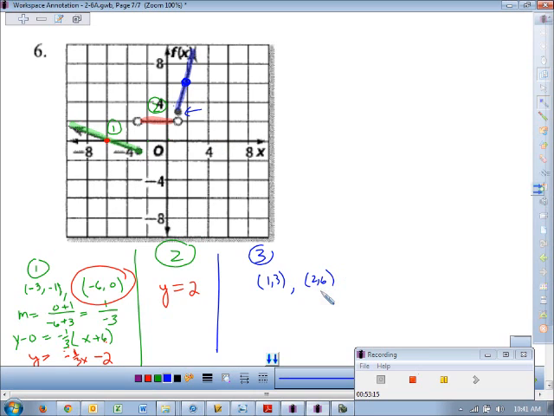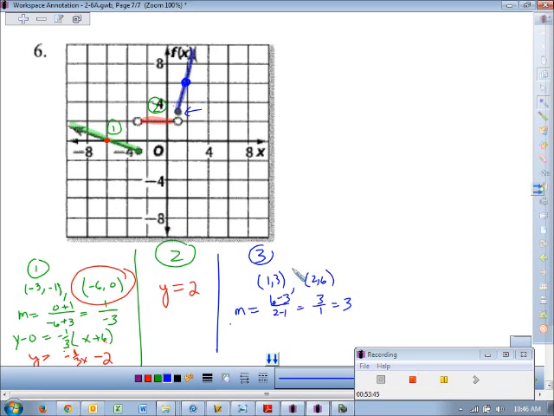What do you need to do with those 2 points? Find the slope. Notice how I label my work also. I put m equals to start with. Use point-slope form to write the equation.